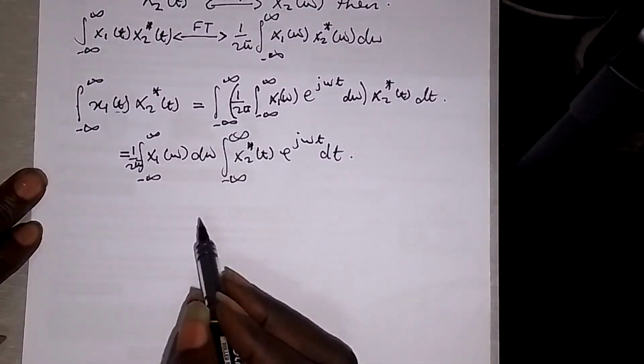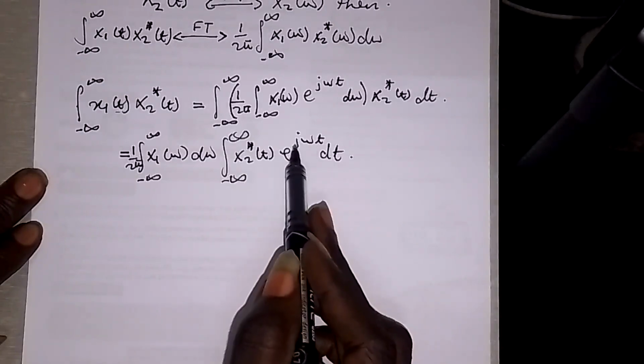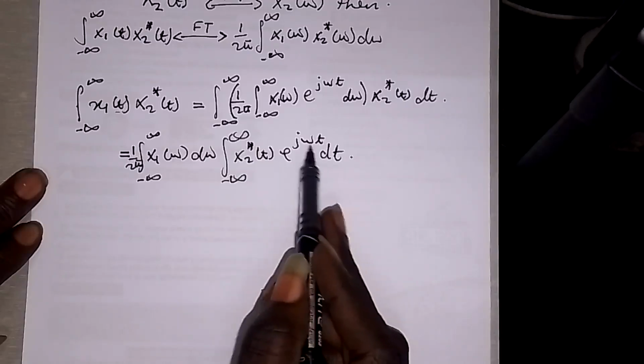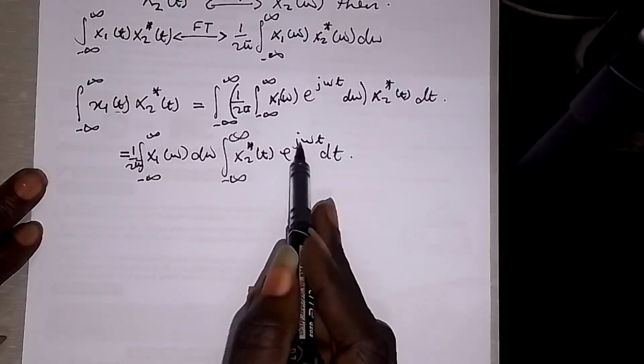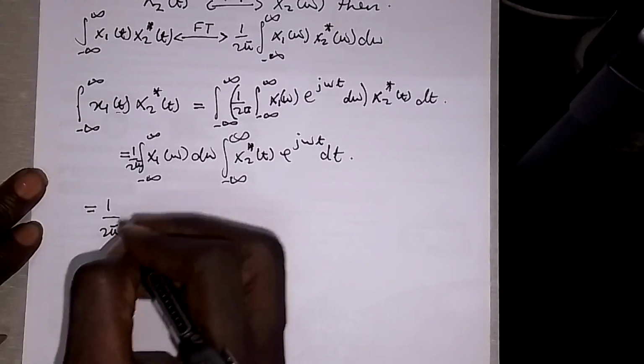Now I want the complex conjugate to come outside, so that I can get this one to be negative. If the complex conjugate comes outside, it makes the whole of this exponent negative. So I can rewrite this expression in this particular format.